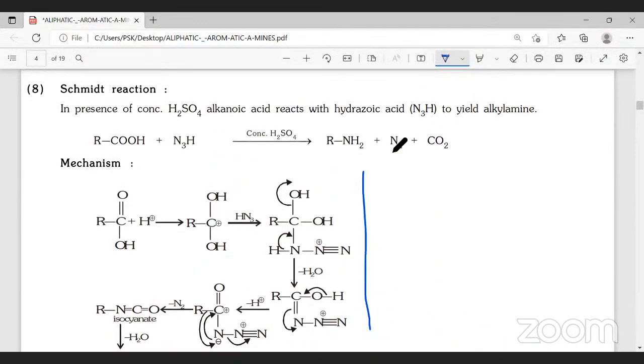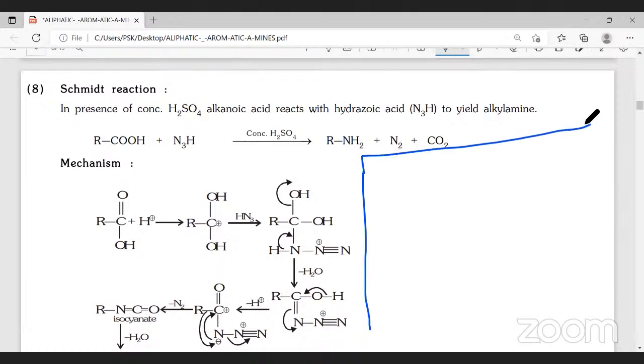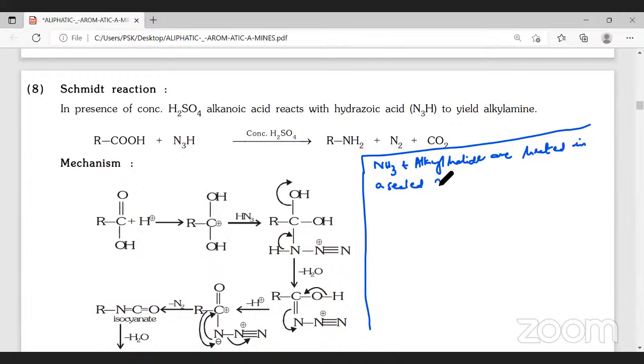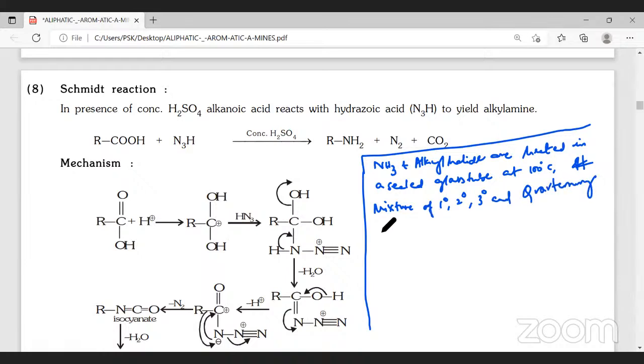Now, when ammonia and alkyl halides are heated in a sealed glass tube at 100 degrees Celsius, a mixture of primary, secondary, tertiary, and quaternary ammonium salts are obtained.